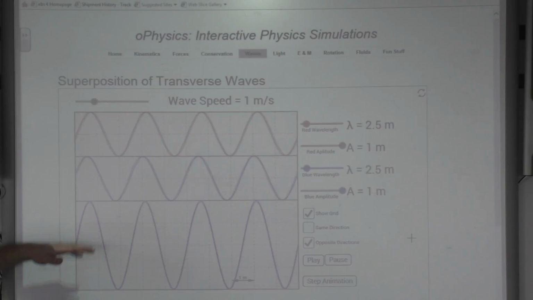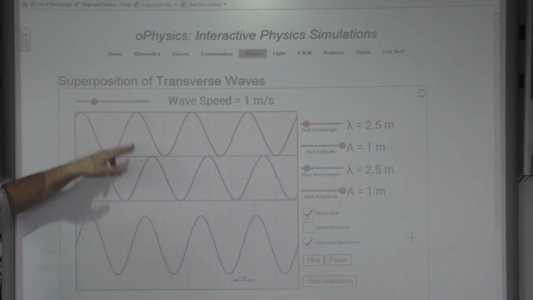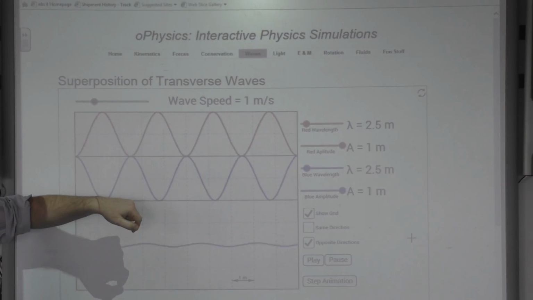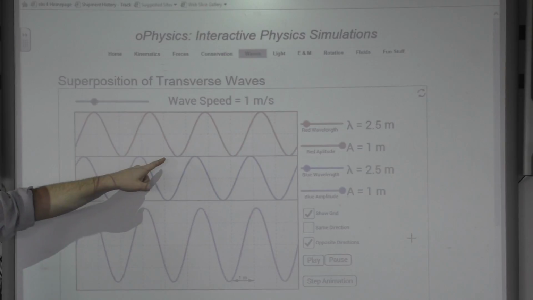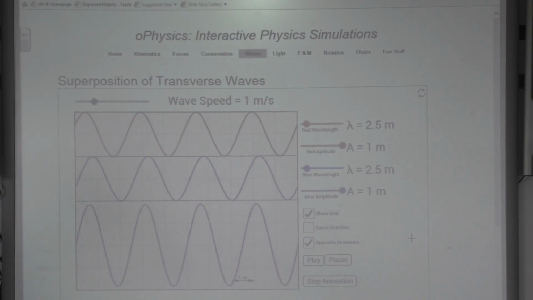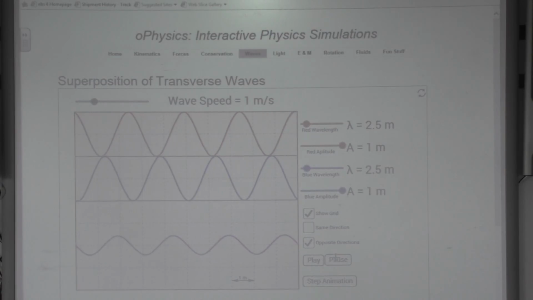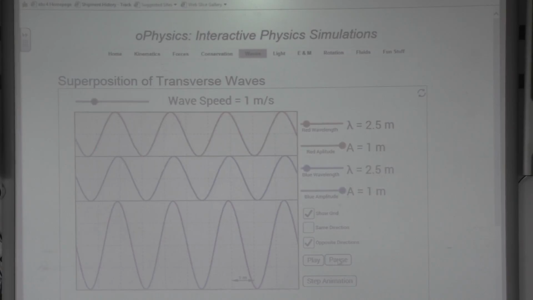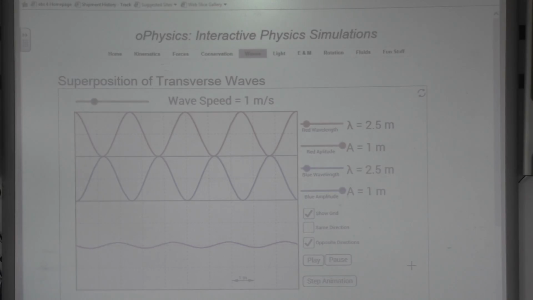So you'll see here that where we're getting the constructive interference matches where the two amplitudes are matching, and we get destructive interference where the peak and the trough match up. And we'll see if we can pause it at that point as well. Not quite. That's as close as I'm probably going to get it.